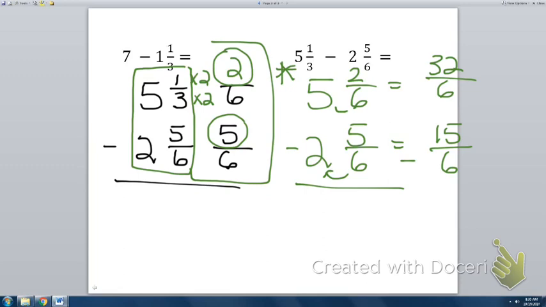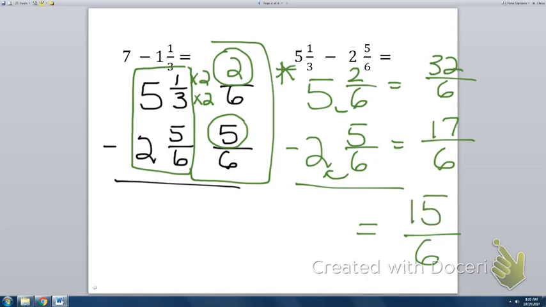So I have a common denominator of 6, and 15 from 32, I'm sorry, that's 17. Sorry about that. 2 times 6 is 12, plus 5 is 17 over 6. So I have my common denominator, and 17 from 32 is 15.